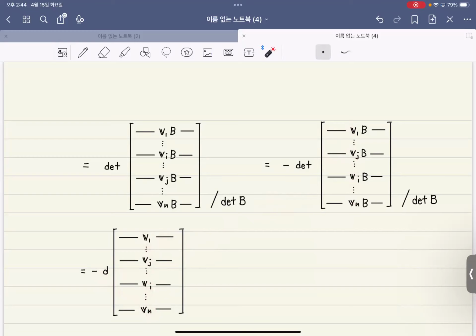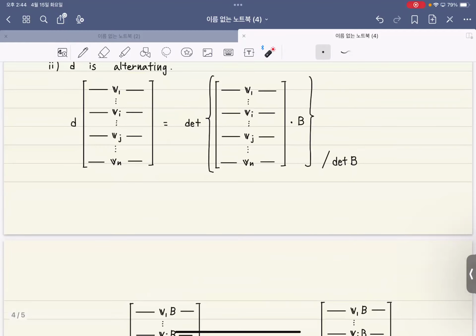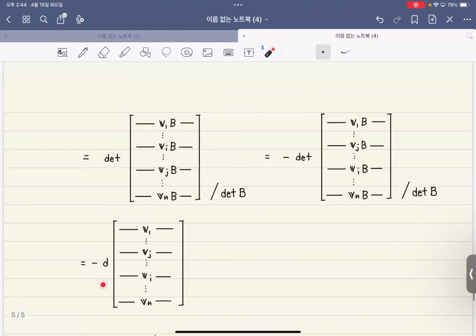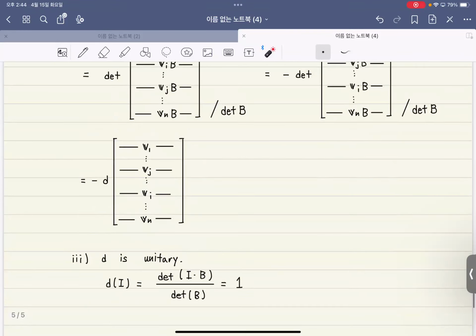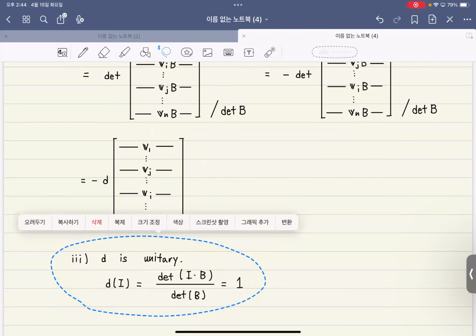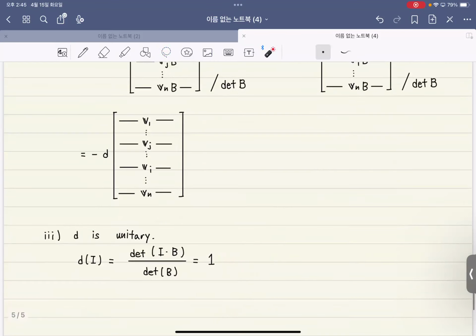So as a result, if you just focus on the first and the last expression, I am pretty sure that my newly defined function D is also an alternating function. And finally, my function D is unitary.